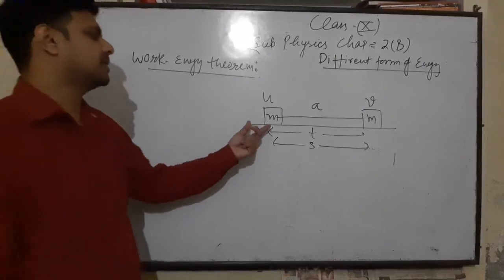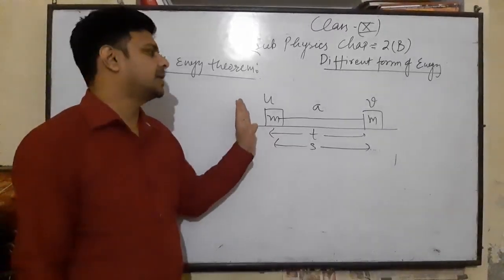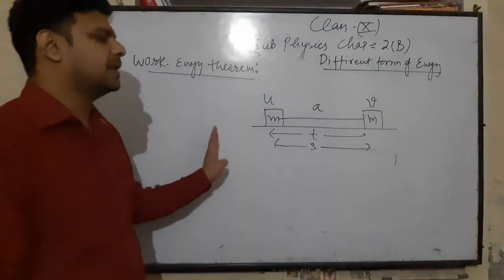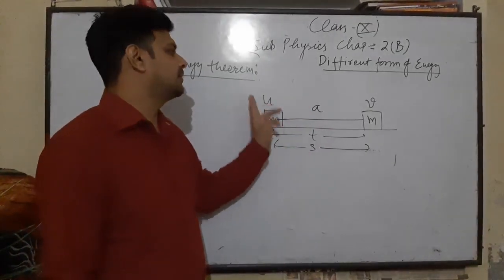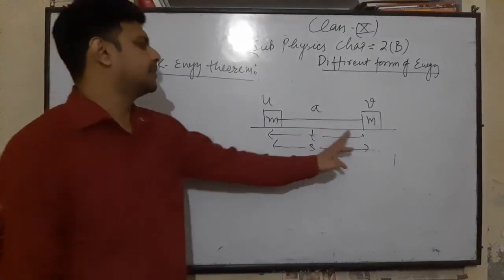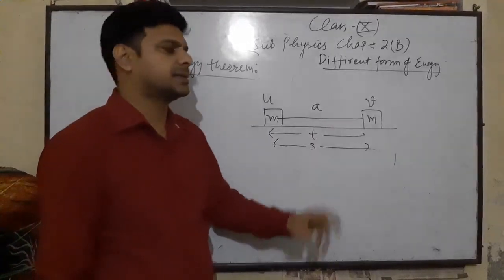The initial velocity is u, and by applying some force, some acceleration is produced, due to which the velocity of this body becomes v.